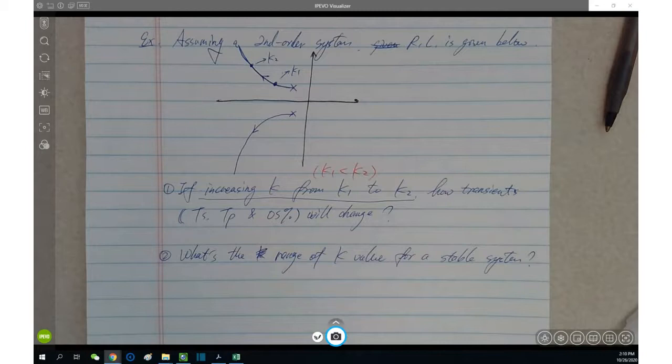Anyone can tell? Of course, the problem is telling you that, but why is K1 less than K2? Anyone knows?